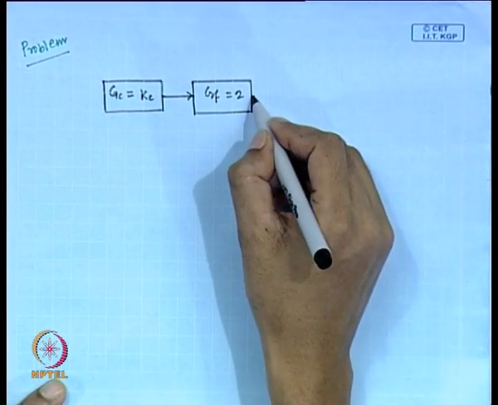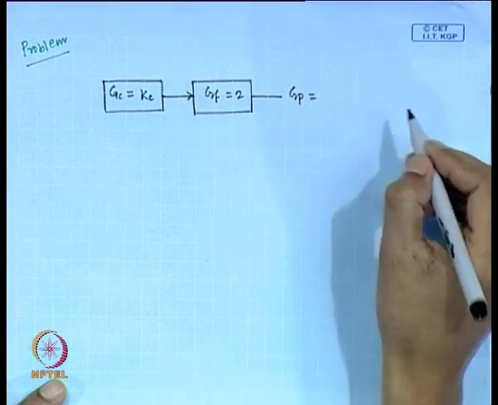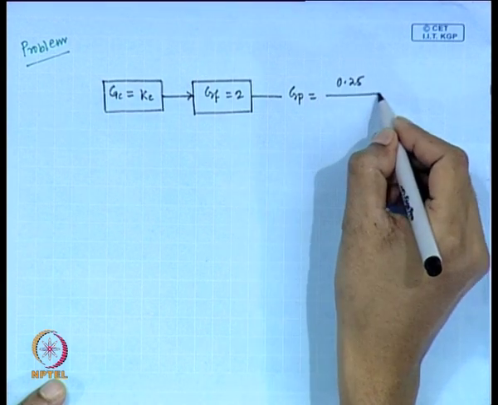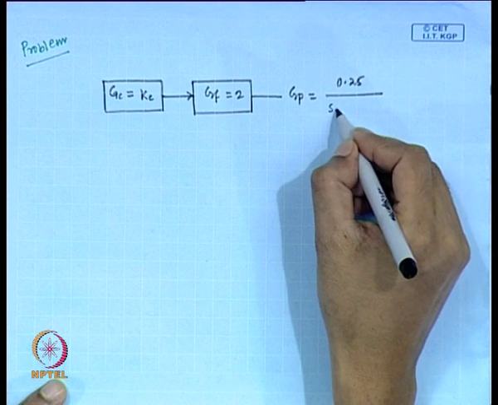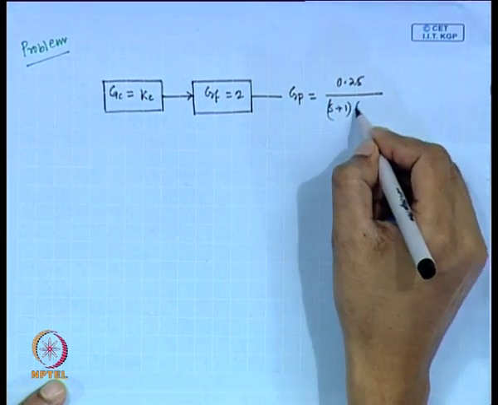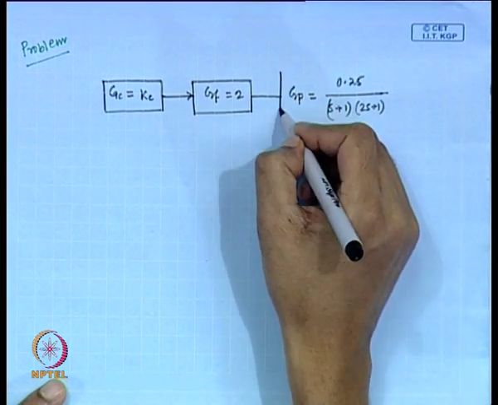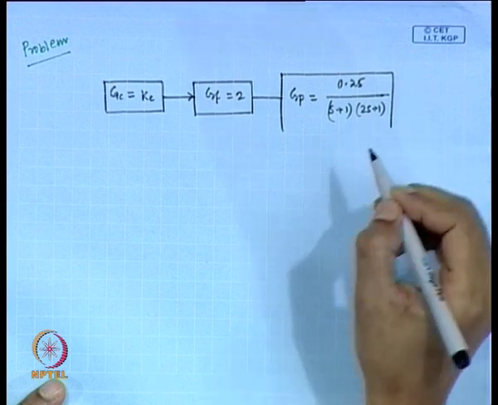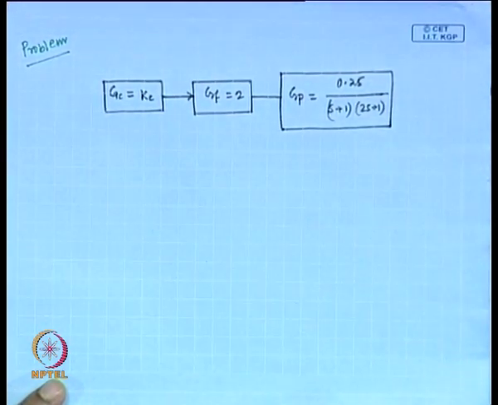The transfer function of the process we are considering as Gp equals 0.25 divided by (S plus 1) multiplied by (2S plus 1). So, this is a second order process.